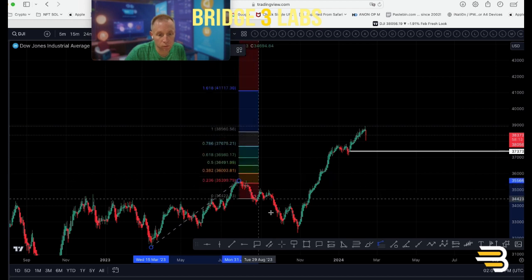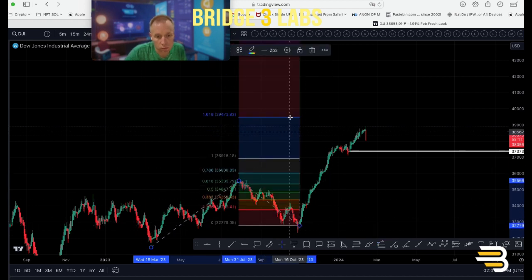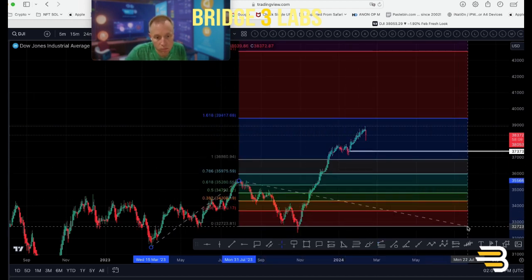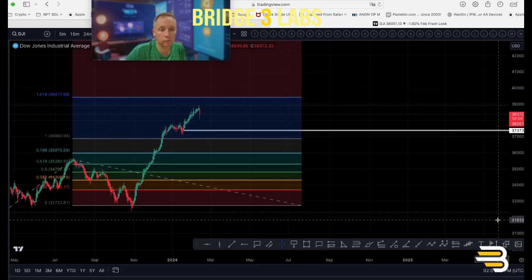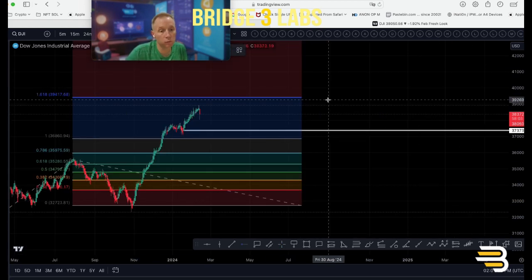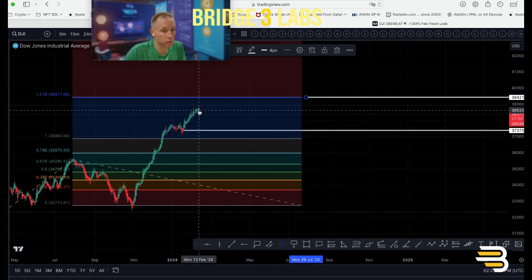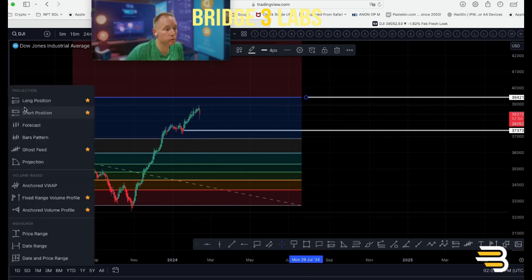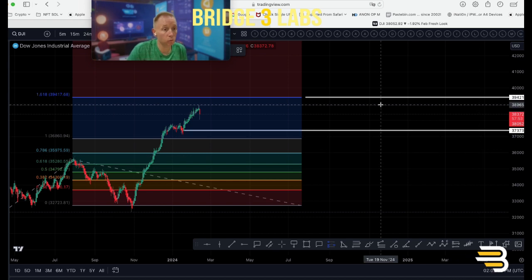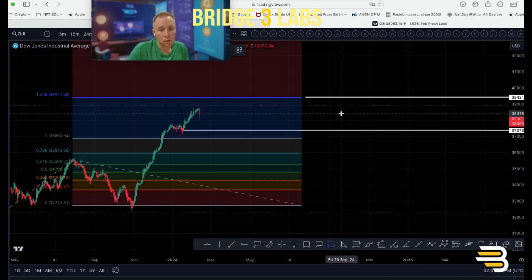We took something like a fib extension, and we thought this would be a good take profit level, and this is where price is at. So when we come here to plot for risk reward on our long or short, I'm just going to go with where price is at right now for the demonstration.